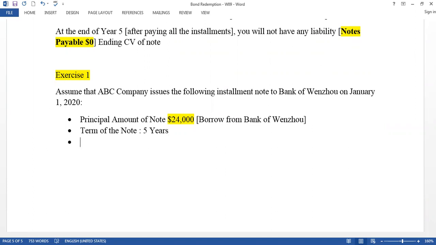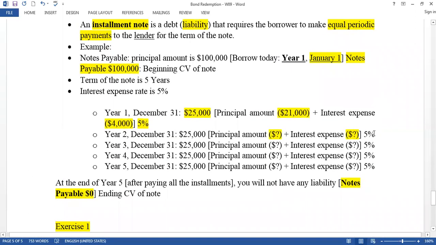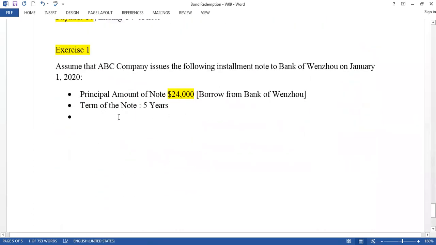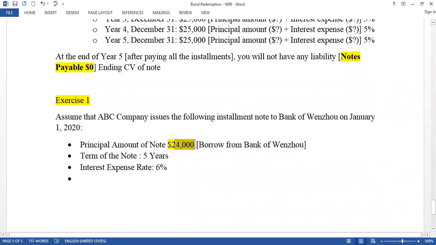Then I told you that we need one piece of information about the interest expense rate. So the interest expense rate is 6%. This is the total amount we borrow, right?